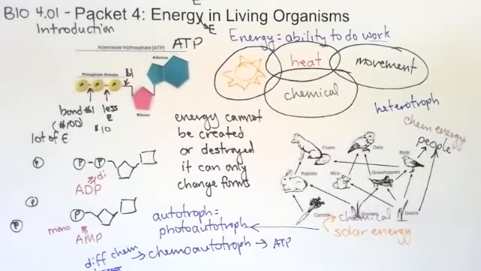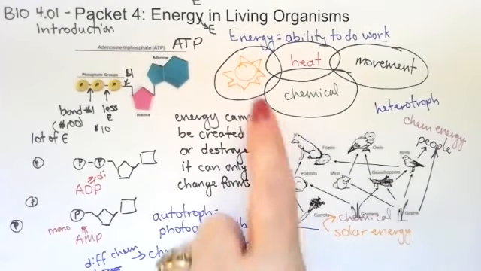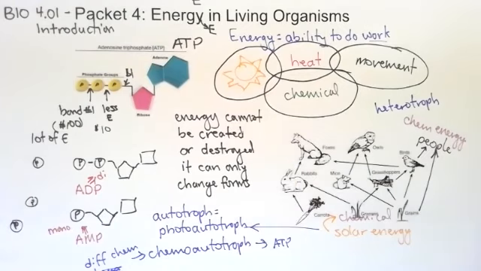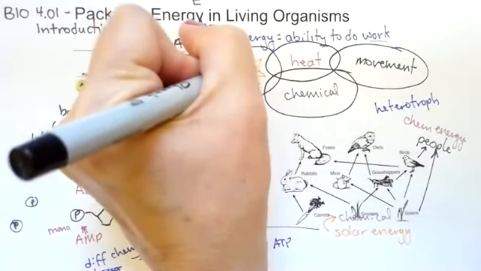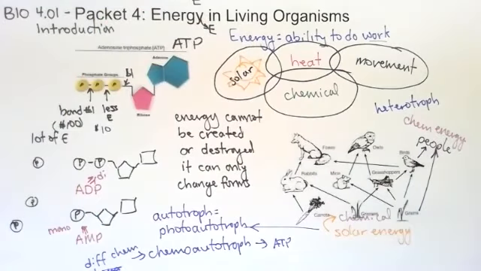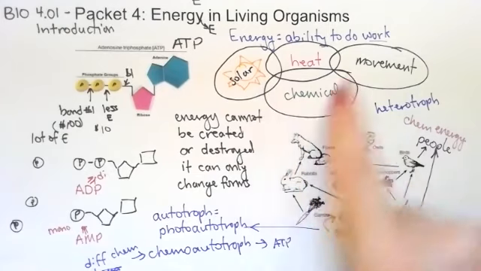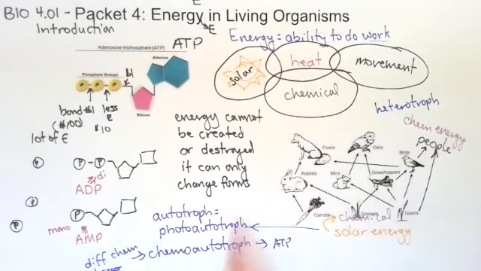So this, what are our takeaways? All right, so to sum up, we're talking about how energy is needed in living things. There's different kinds of energy. There's solar energy. Let's write that in here, solar. There's heat, there's movement, there's chemical, and each one can go into the other, so they can change forms.